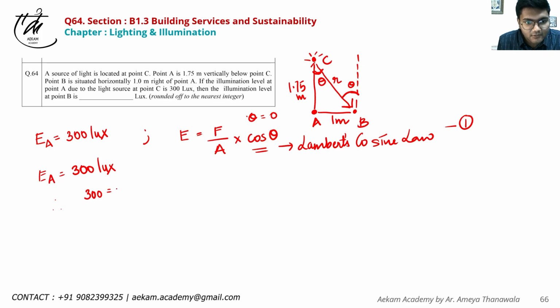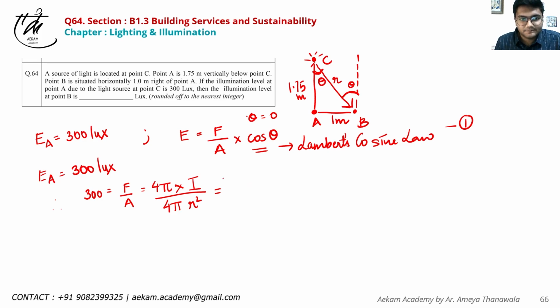300 is equal to flux upon area. Flux is nothing but 4 pi, which is your solid angle. For a sphere, it is 4 pi because it is 4 pi r square upon r square into I, which is your intensity that we have to find, upon area, which is 4 pi r square, right?